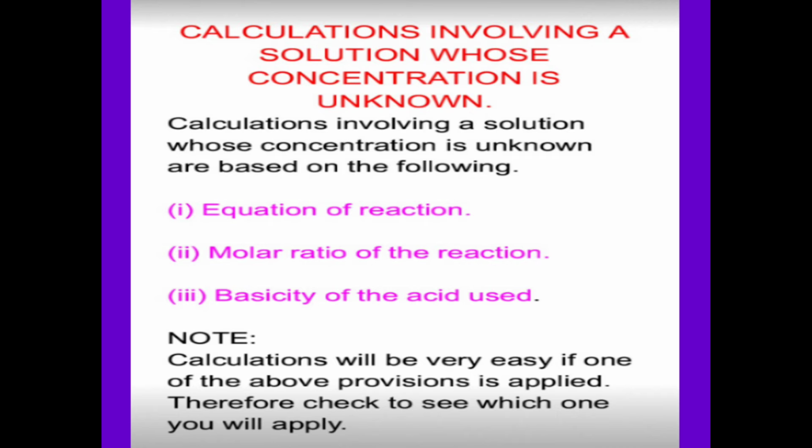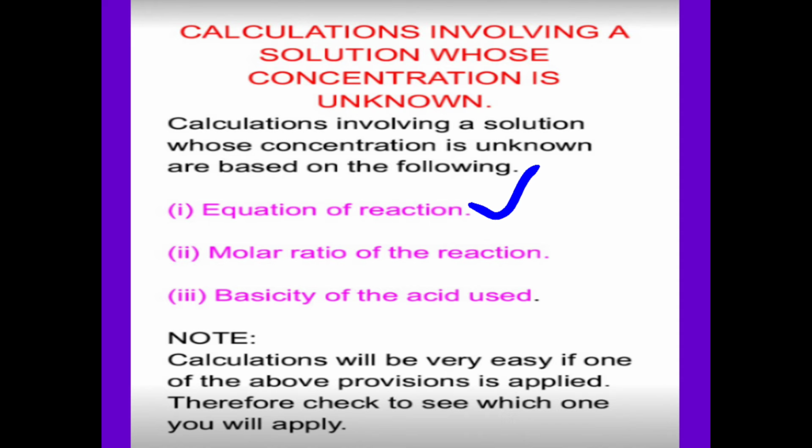There are three major approaches which we should always keep in mind when going for a calculation containing a substance whose concentration is unknown. First, you should ask yourself, are you able to write the equation of reaction? Equation, that is approach number 1.